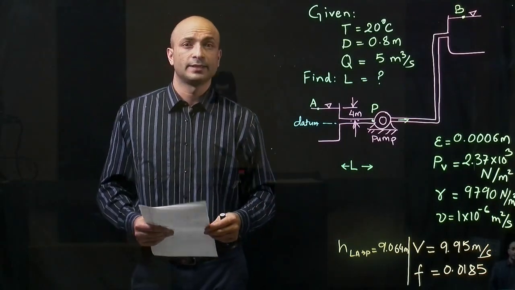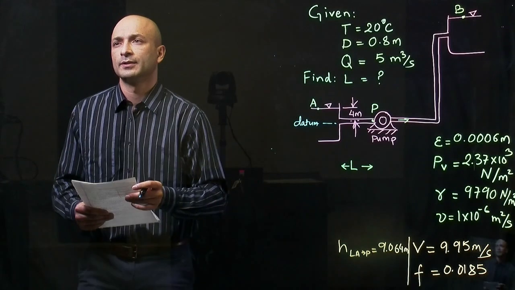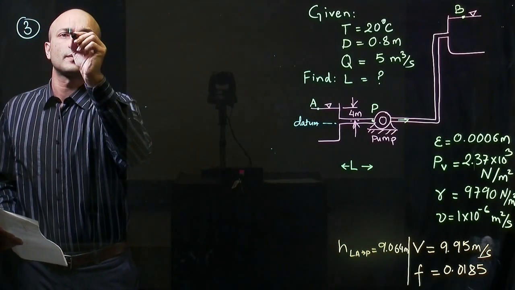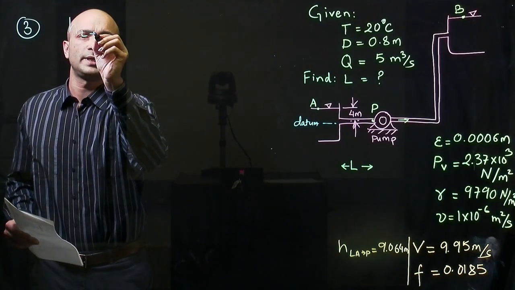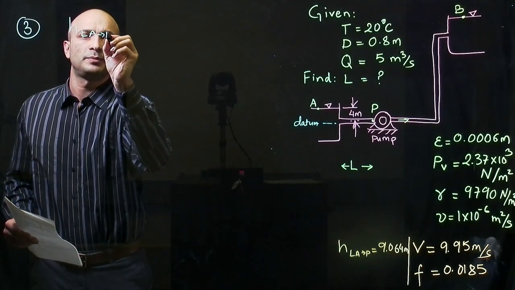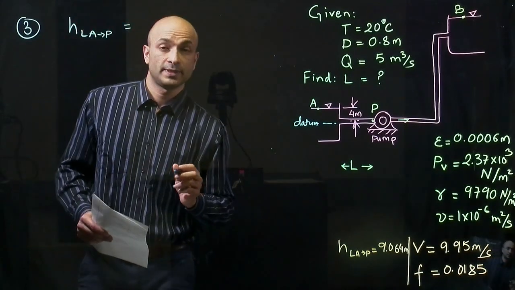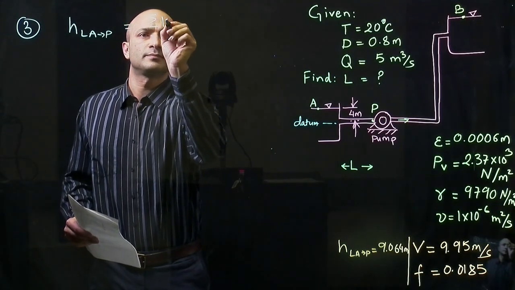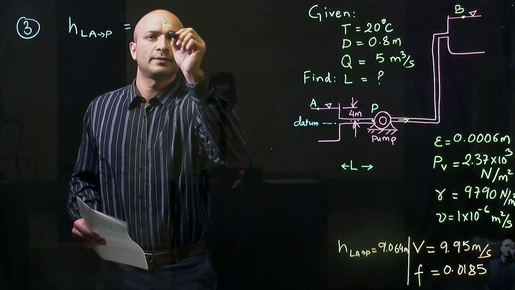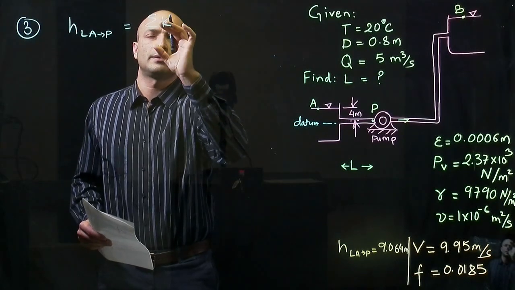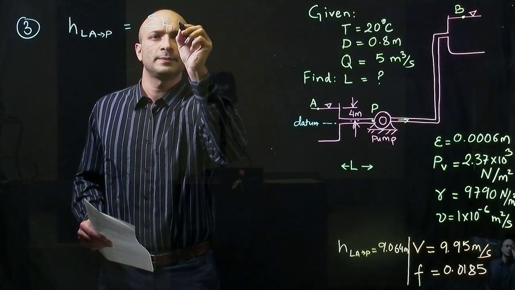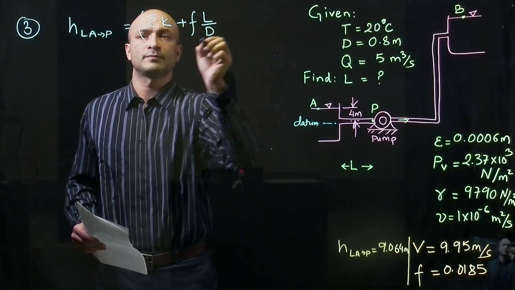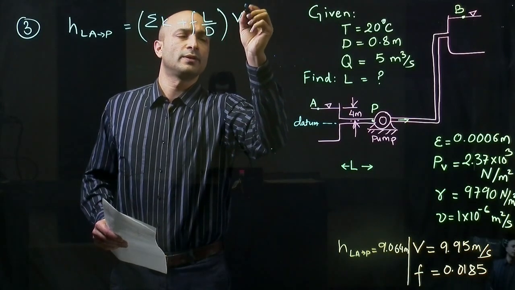Let's take a look at the head loss term on the left hand side. Head loss going from point A to point P can be expressed as the sum of the minor and major head losses: summation K, the minor head loss coefficients, plus F L over D, times V squared over 2g.